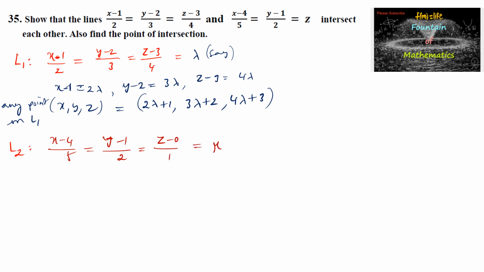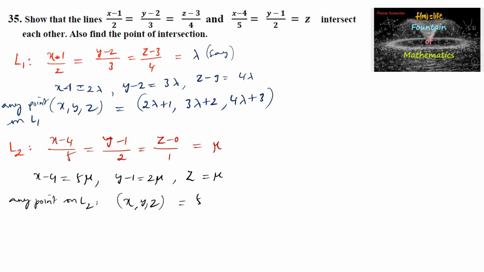Let us consider it to be mu, so that x minus 4 is equal to 5 times mu, y minus 1 is equal to 2 times mu, and z is equal to 1 times mu, or any point on L2, say that x comma y comma z is equal to 5 mu plus 4 and 2 mu plus 1 and mu.